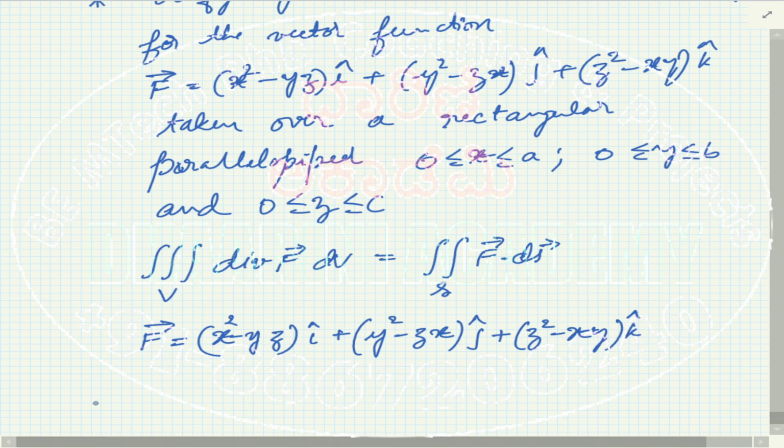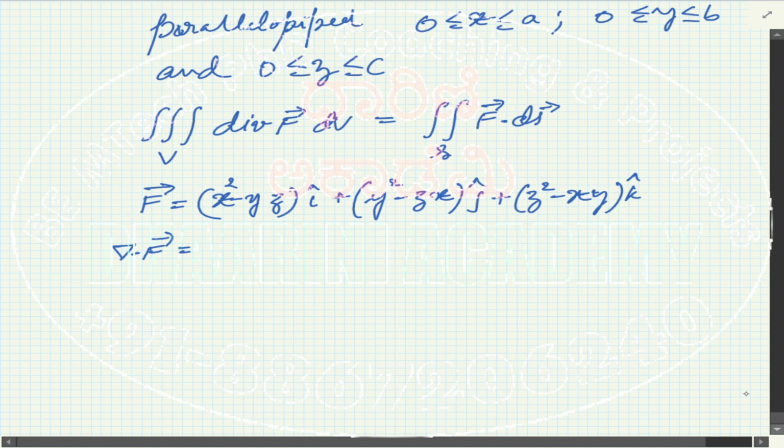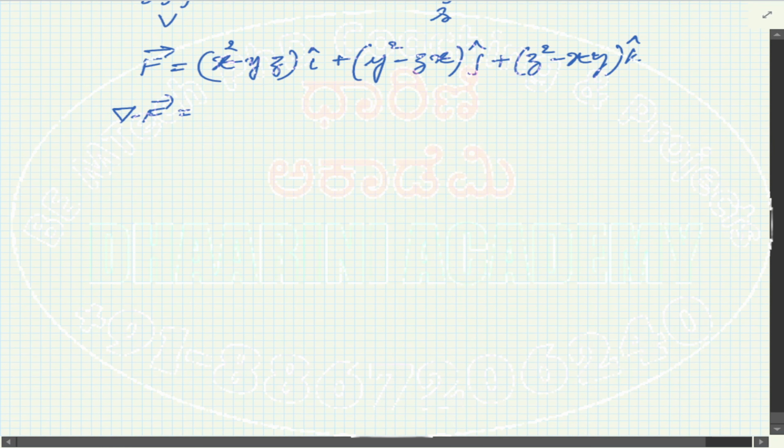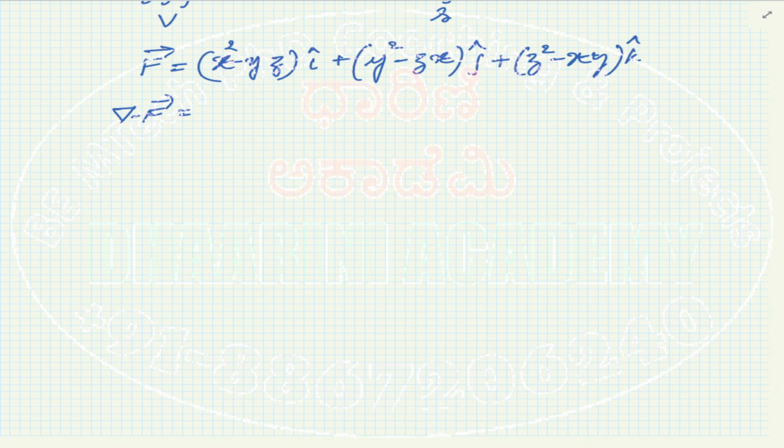vector f. So if you want to perform the del dot f vector, then we are going to differentiate the first component, that is the component along the x-axis, with respect to x.